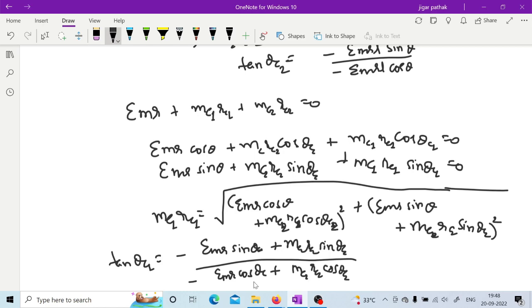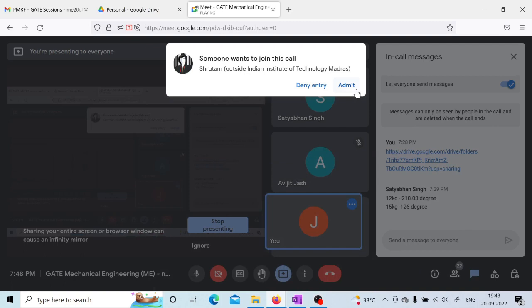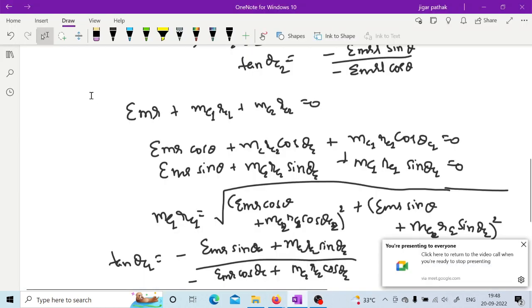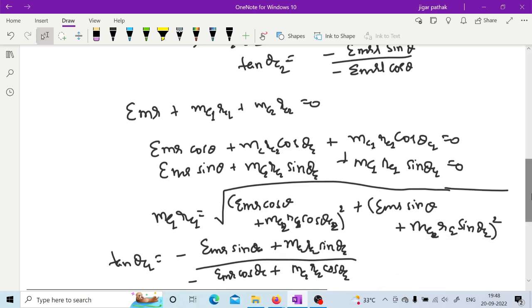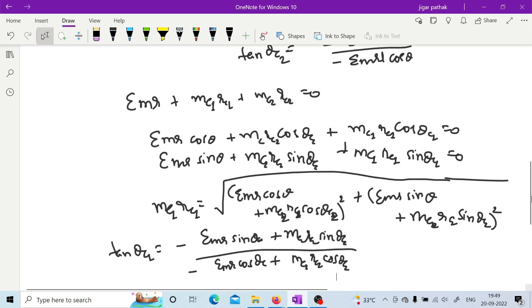So this way analytically you can calculate the required values of MC1 RC1 and theta C1 for the balancing mass and its position in the plane C1. So once you have this idea, you can go and calculate one problem for this also. So are you done with this particular thing? Please note down these equations, as it will be helpful to you in solving the problem.